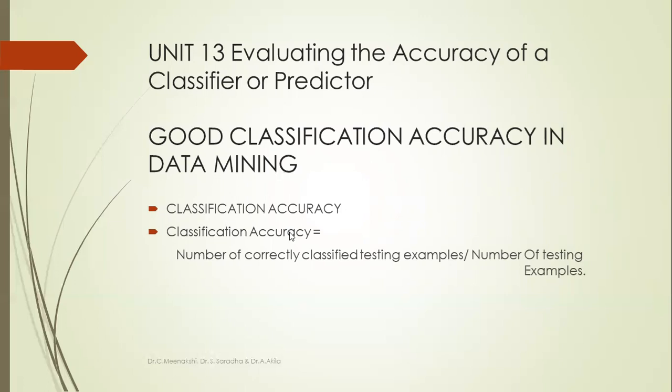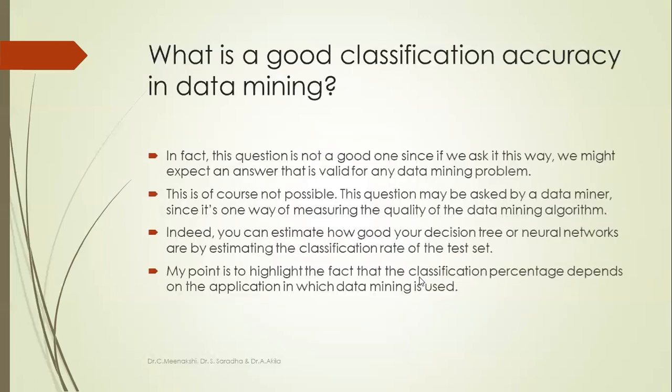There are 100 balls in total. How many of the balls have I classified correctly as red, as blue? That is the correctly classified count, say 50 balls classified correctly. So 50 divided by 100, 0.5 is my accuracy. This is how I find the accuracy.